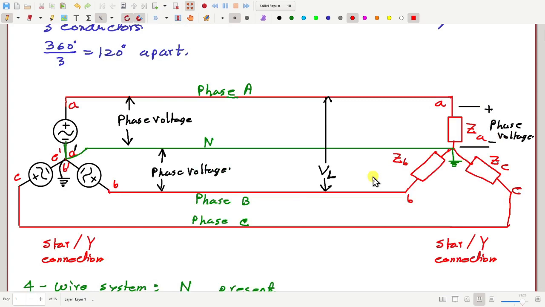This is a star connection, both sides star. The current that flows through these transmission lines is called the line current. This is also a line current.